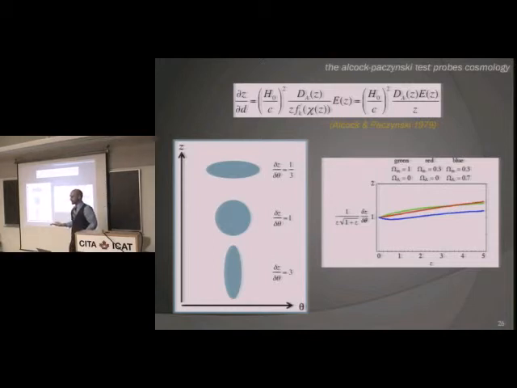We can use clusters, except that the baryonic astrophysics in clusters and the peculiar motions of galaxies inside of clusters are 200 times stronger than this effect. So it washes out any of this Alcock-Paczynski effect inside of clusters.